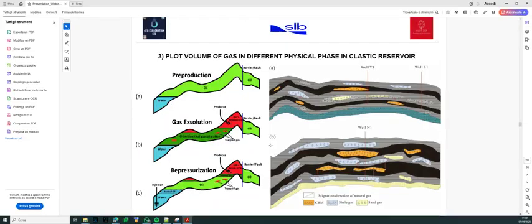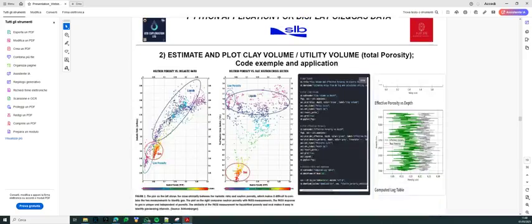Point 3, example 3: we plot the volume of gas in different physical phases in a clastic reservoir. So go on and follow the previous line.